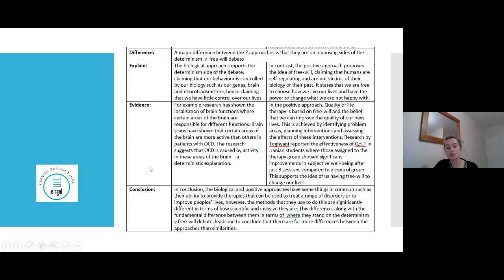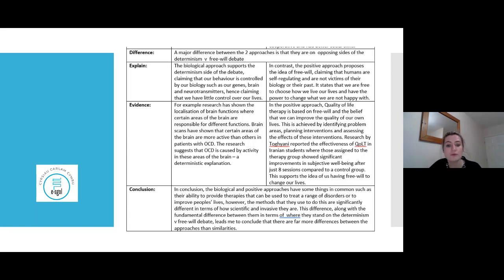Now, there's a conclusion on this, which is wonderful, because we know that in order to get into that top mark band, we've got to have a really appropriate conclusion. So they've written, in conclusion, the biological and positive approaches have some things in common, such as their ability to provide therapies that can be used to treat a range of disorders or to improve people's lives. However, the methods that they use to do this are significantly different in terms of how scientific and invasive they are.